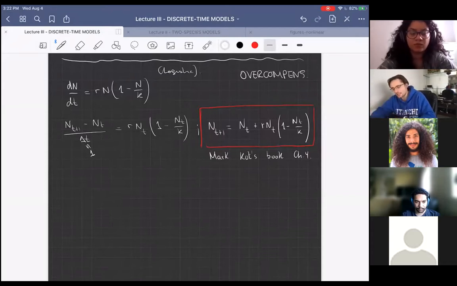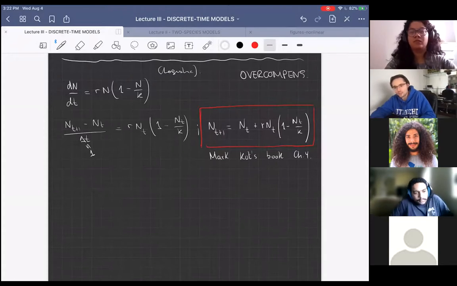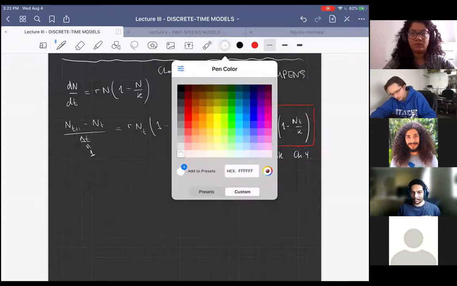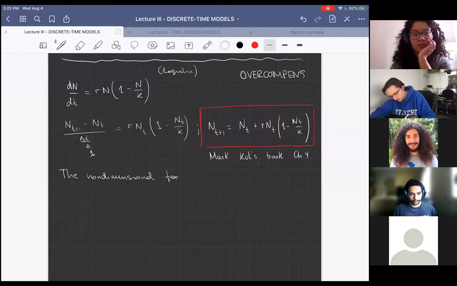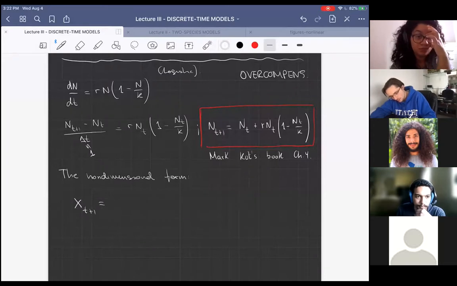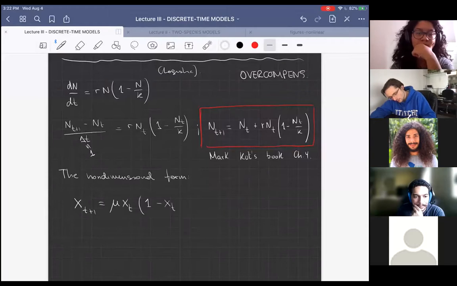You can renormalize the time as we did yesterday. We can work in units of the carrying capacity, and basically the non-dimensional form, I'm going to use x_{t+1} is mu x_t (1 minus x_t).